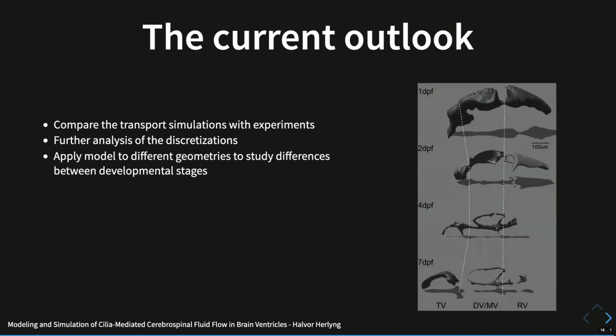You can see this is from day 1 to day 7 of the life of a zebrafish embryo. The brain ventricles really develop in structure, so the transport will probably be very different for all of these geometries.